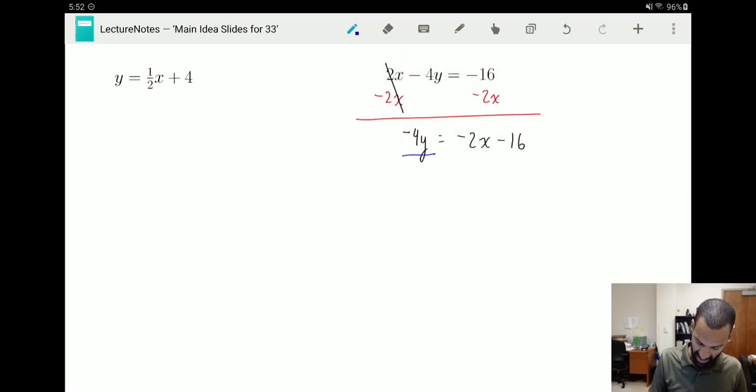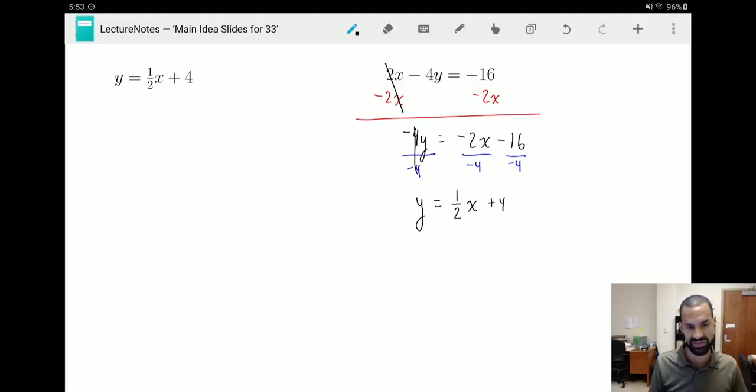Now let's divide everything by negative 4. Those will cancel, leave me with y equals negative 2 over negative 4 is positive 1/2. And then negative 16 divided by negative 4 is a positive 4.